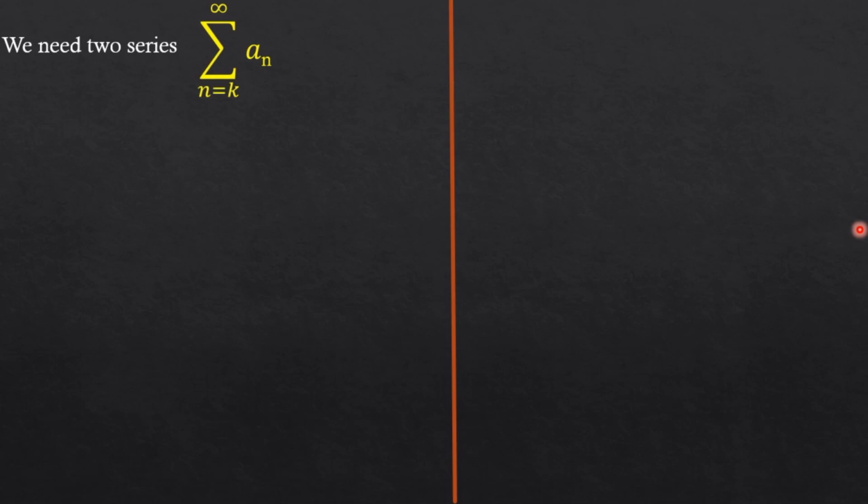Great, friends. All right, so for the comparison test, we need to have two series. We can call the first series, as n goes from k to infinity, of a_n, and we also need another series, as n goes from k to infinity, of b_n.